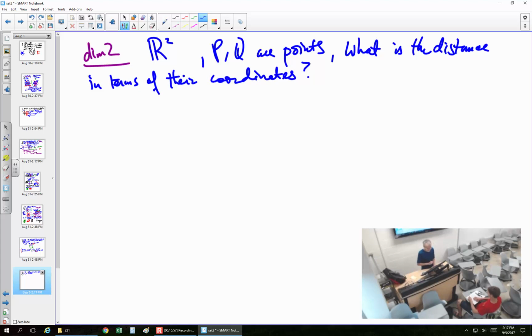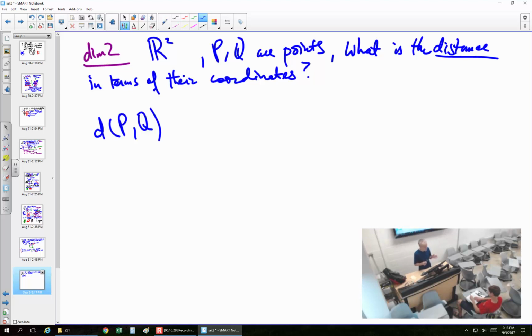Okay, so let me try to use this notation, d(P,Q). D certainly stands for distance, and I'm not positive that's the notation that the book uses, but it's certainly one of the ways to do it.